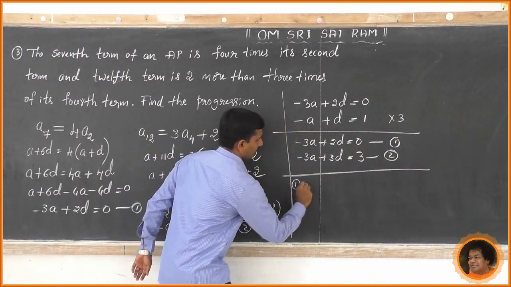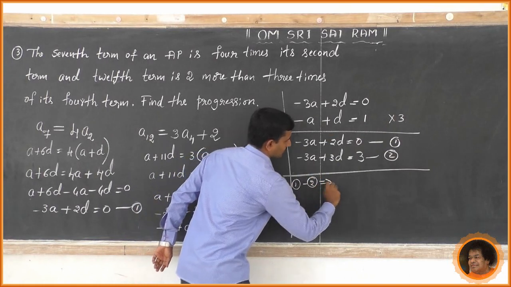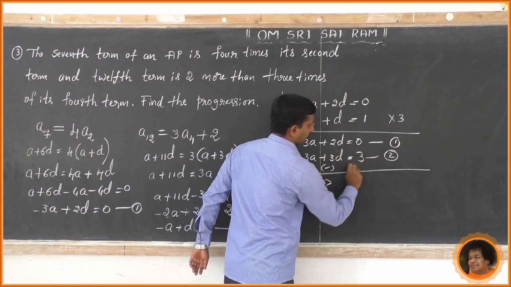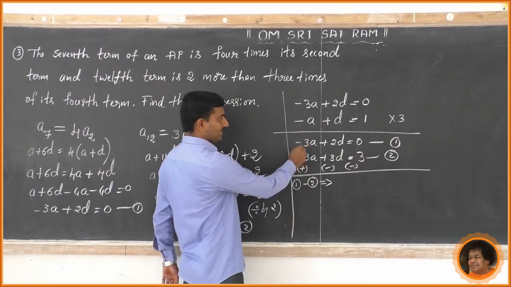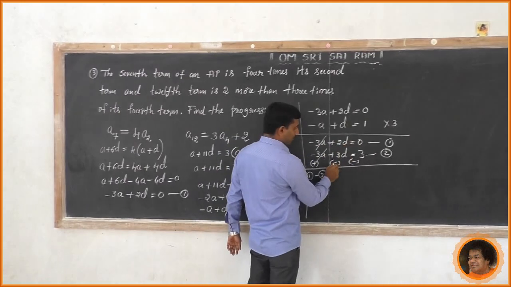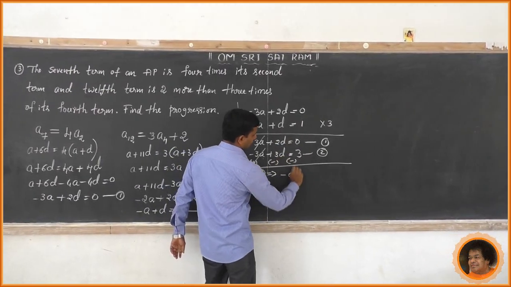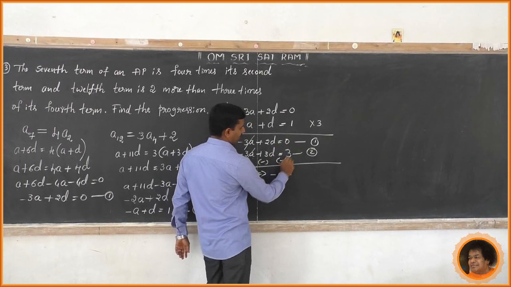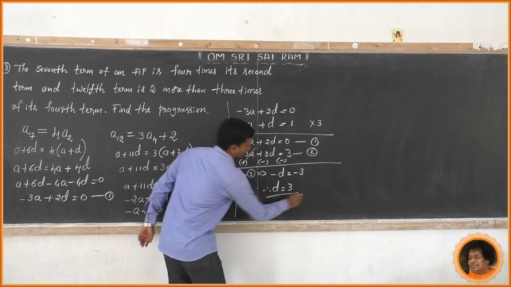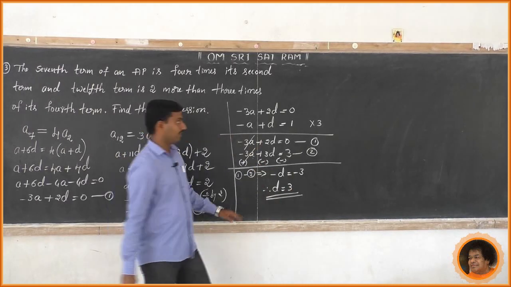Now subtract: minus 3A plus 3A is 0, plus 2D minus 3D is minus D, equal to minus 3, or D equal to 3. So this is the value of the common difference.